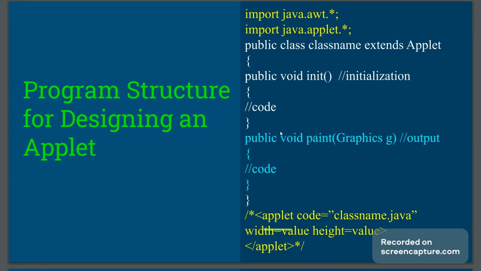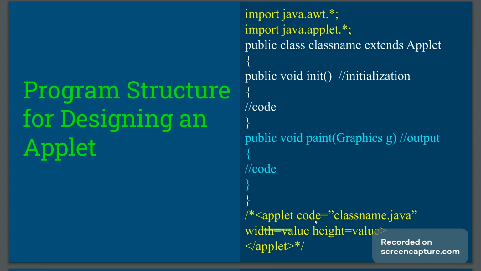As we have seen, applet is dependent code because it requires an HTML tag to run it. The program structure is, after your pure Java code, in the comment section you have to write the applet tag. Applet tag comes with three compulsory attributes: code, width and height.